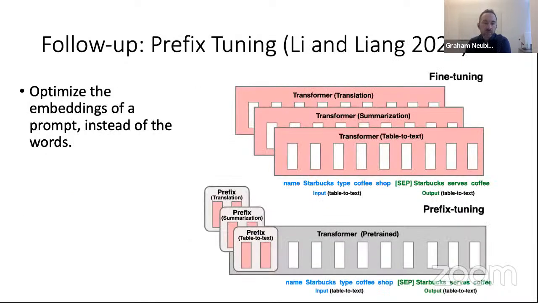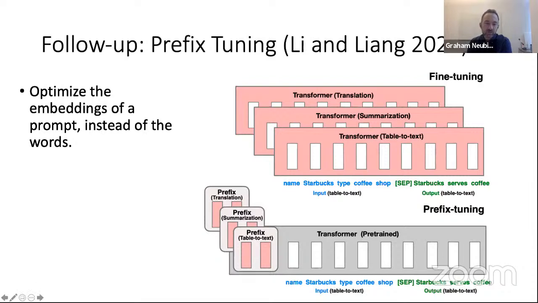Another very interesting work recently is something called prefix tuning, where unlike fine tuning, where you tune all of the parameters of a language model to do well on some downstream task, they keep the language model parameters fixed, but they fine tune a prefix that you prepend to the sentence every time you process the sentence.